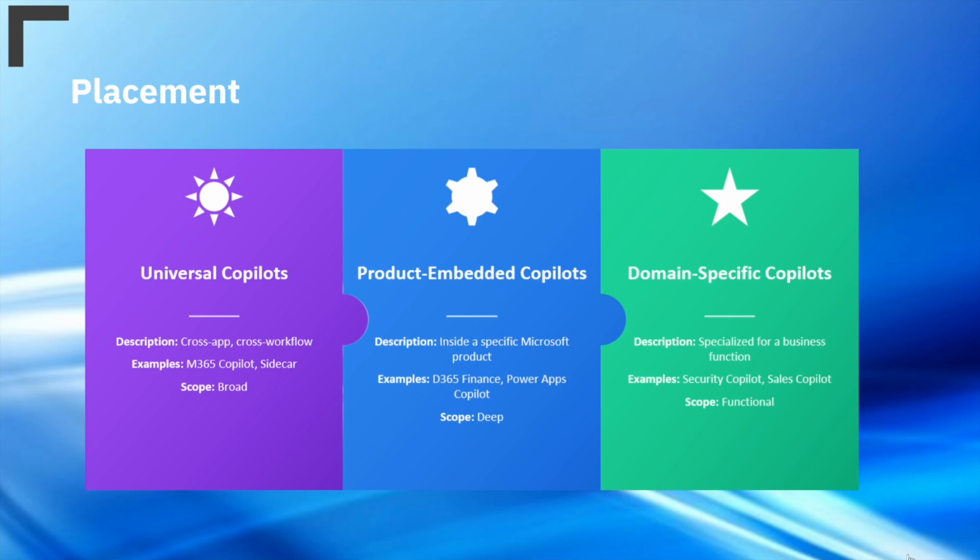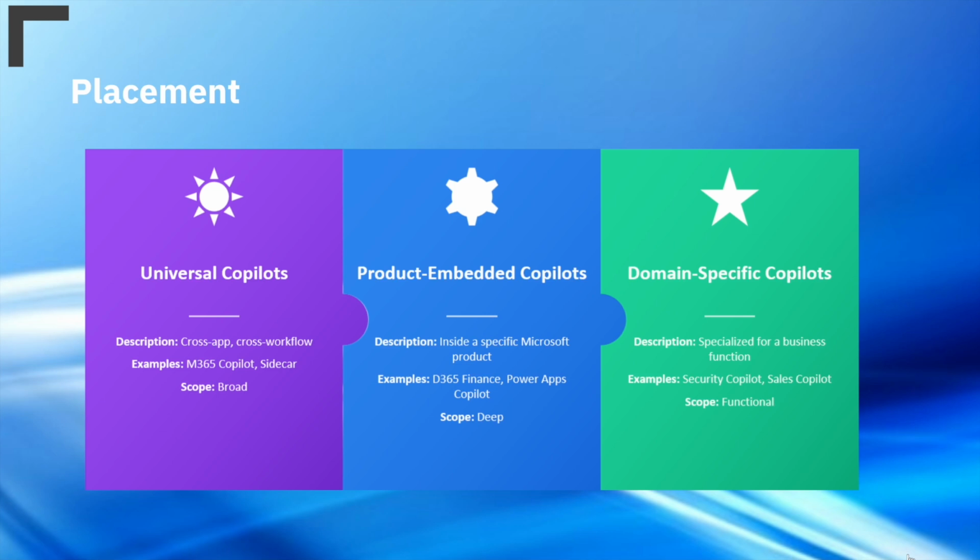An example is M365 Copilot, Sidecar or Copilot Chat. The second one is the product embedded copilots. Product embedded copilots live inside a specific product and help users perform product specific tasks. That is the difference.